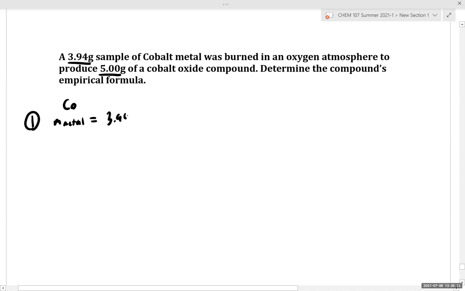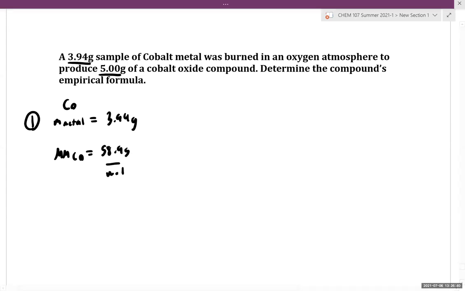Yep, 3.94 grams. Okay, and what is the molar mass of cobalt? So if we look in the periodic table and we find cobalt, what is the molar mass of cobalt? 58.9.